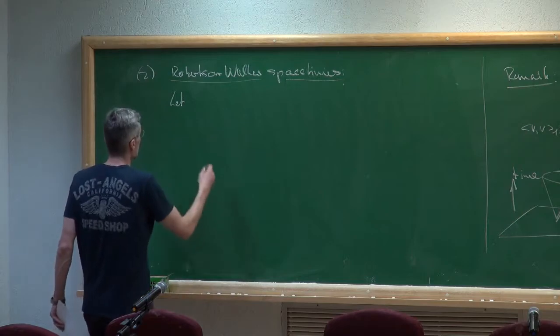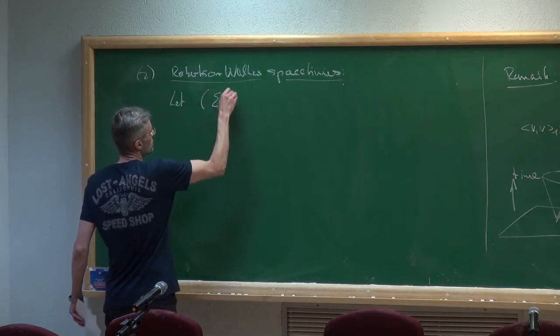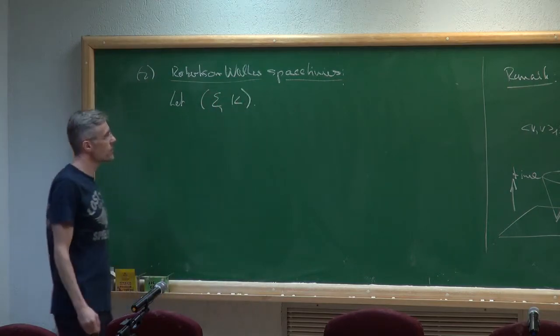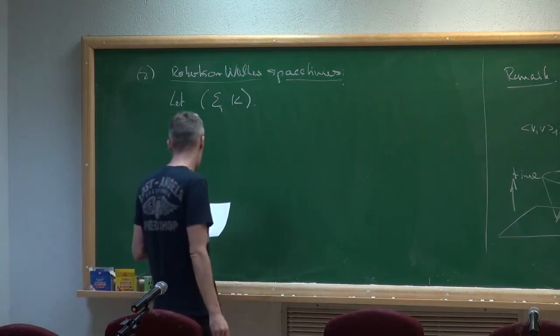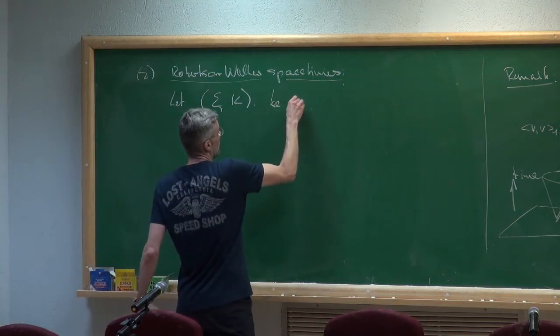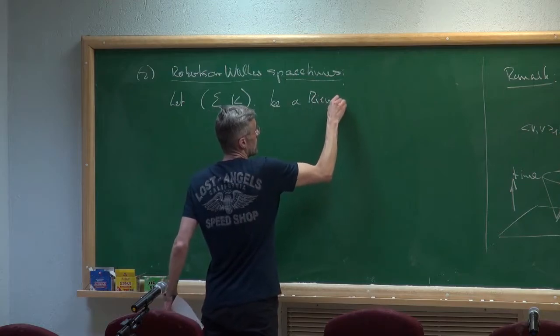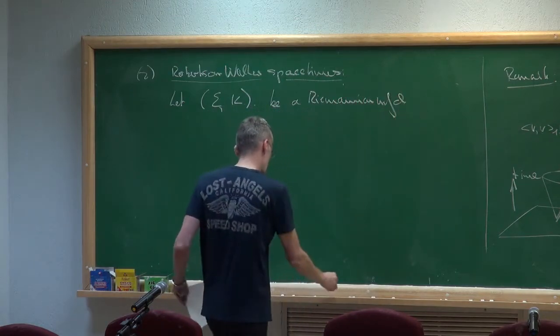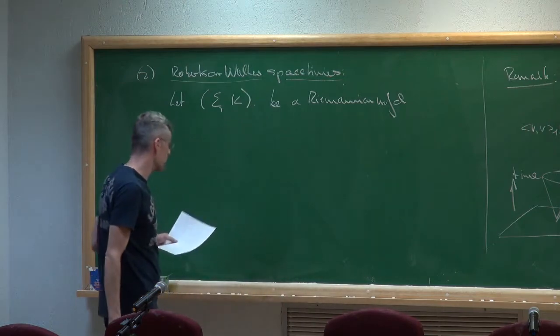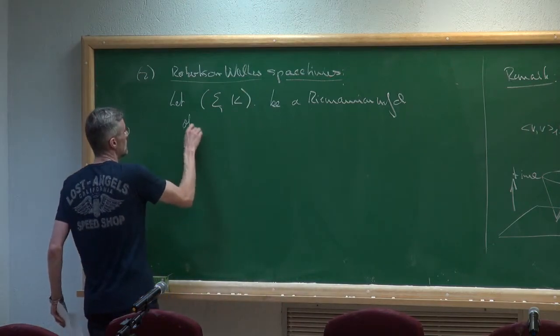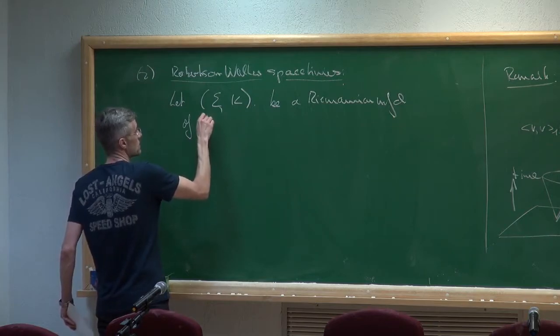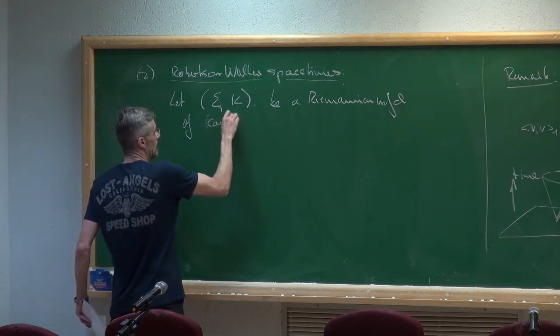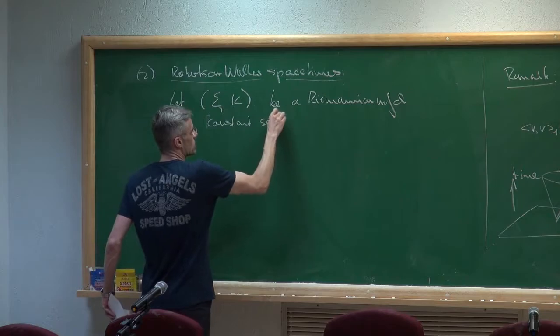We look at a Riemannian manifold Sigma with Riemannian metric k, and from the get-go for these examples, I will assume constant sectional curvature.